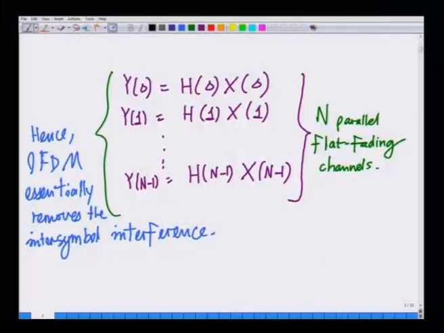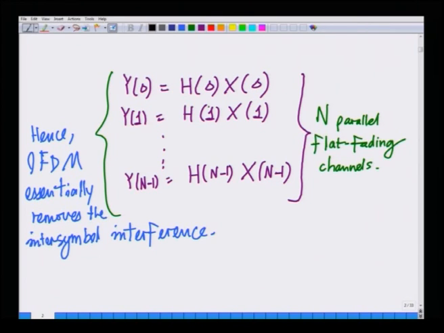In the last lecture, we had seen how OFDM converts the frequency selective fading channel into a frequency flat channel across each subcarrier. Hence, the net system model is given as Y0 equals H0 times X0, where Y0 is the received symbol across the 0th subcarrier, H0 is the channel coefficient corresponding to the 0th subcarrier, X0 is the symbol loaded onto the 0th subcarrier.